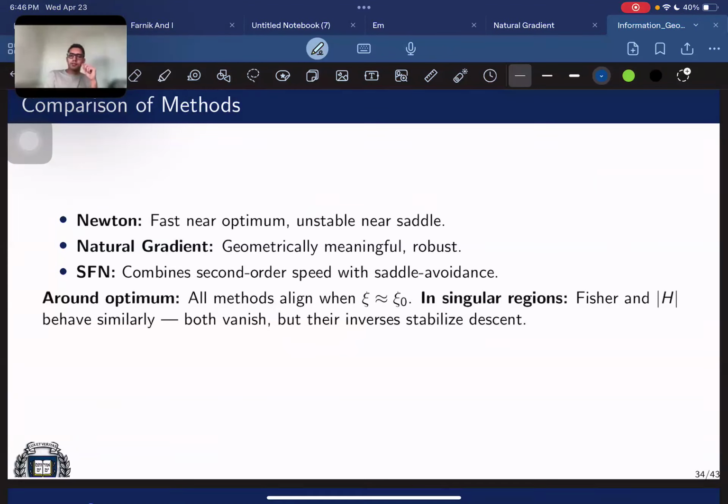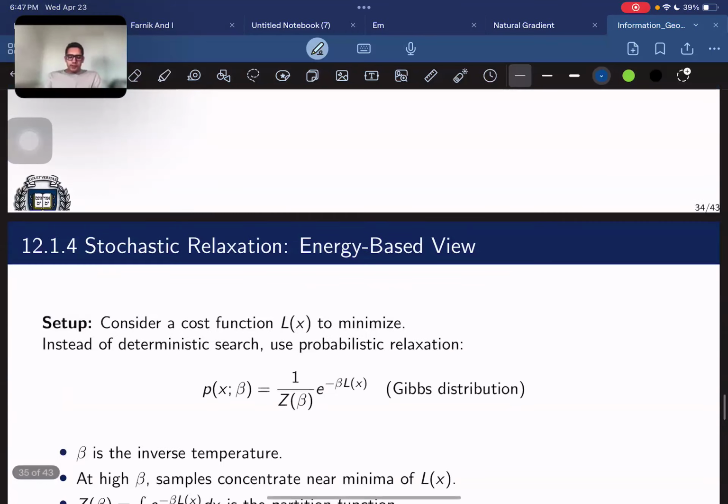But the natural gradient descent is not only taking advantage of the true geometry, not a heuristic of the true geometry, but also robust. We are regarding those saddle points. And yes, this is also natural gradient descent.